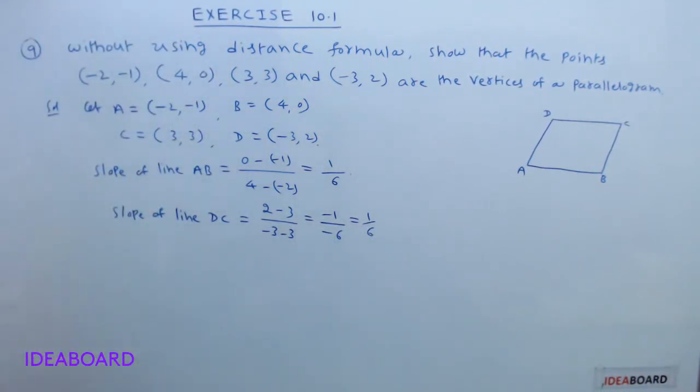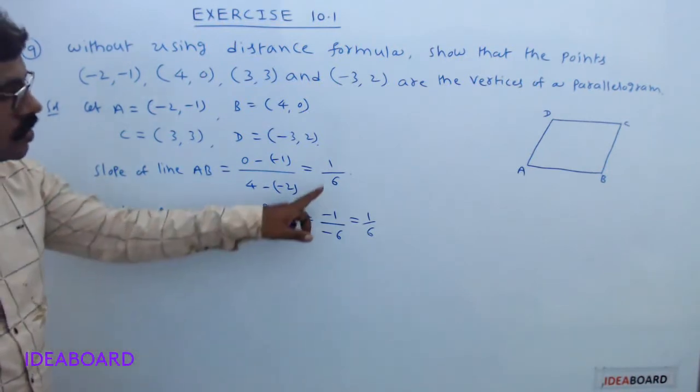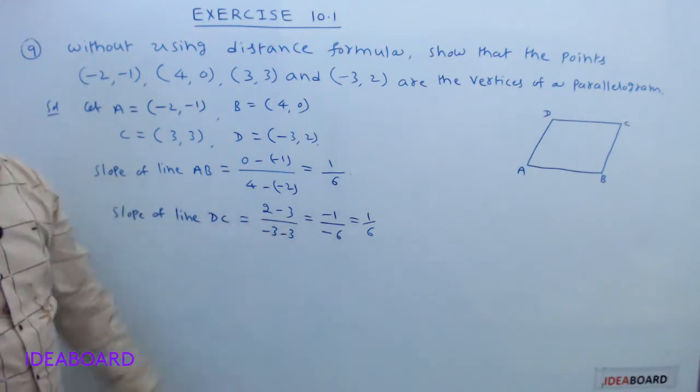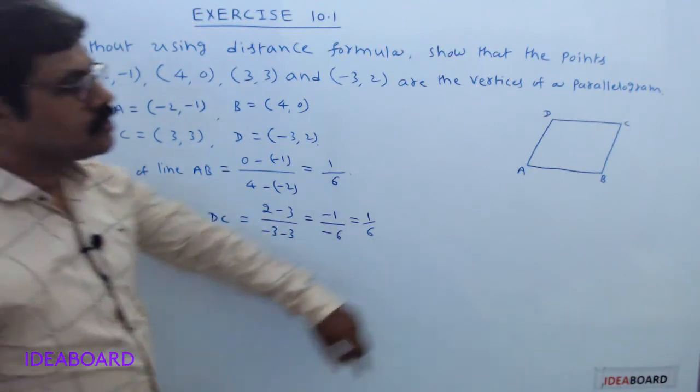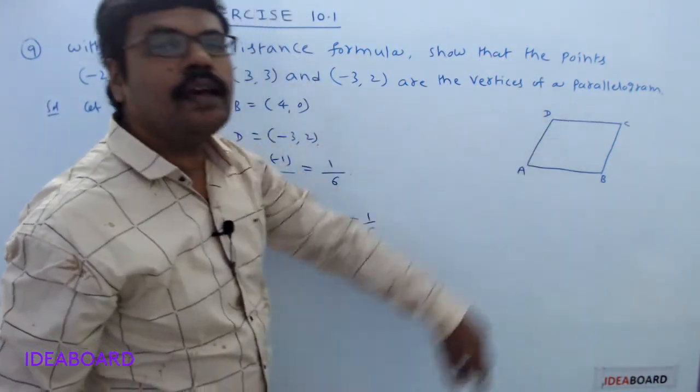So slope of AB is 1 by 6. Slope of DC is also 1 by 6. So clearly slopes are equal. Slopes are equal means lines are parallel. So AB and DC are parallel.